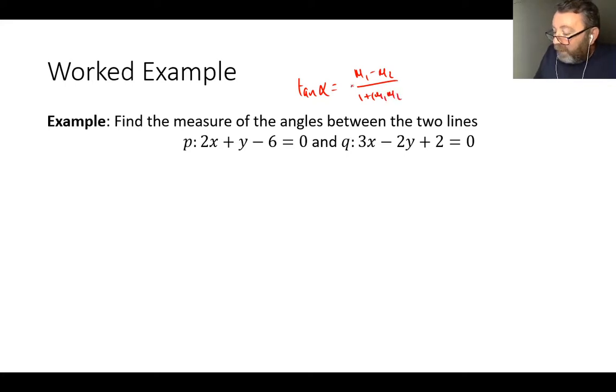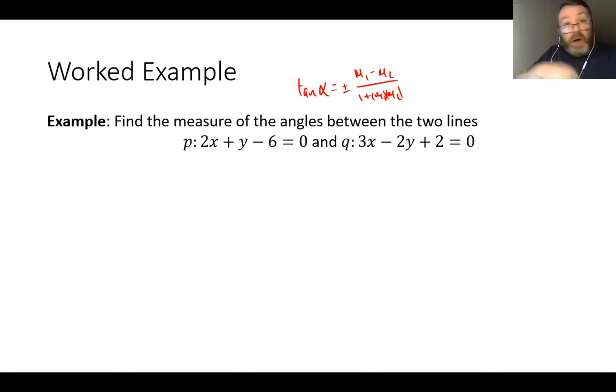You can put brackets, remember, and plus or minus in there as well. Put brackets around those if you wish, because it's m1 multiplied by m2. So all I have to do in this question is get the two lines, pull out the slope of both of them, and stick it into the formula. That will tell me what the tan of the acute angle is equal to. Then I eliminate the tan by taking the inverse tan on both sides, and the angle appears.